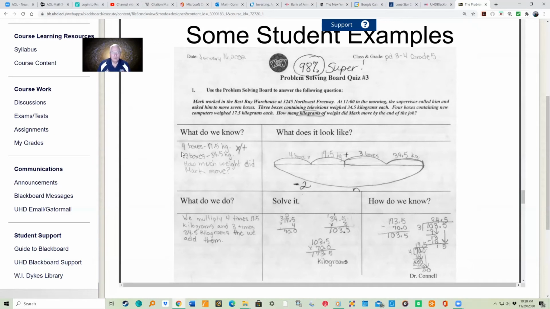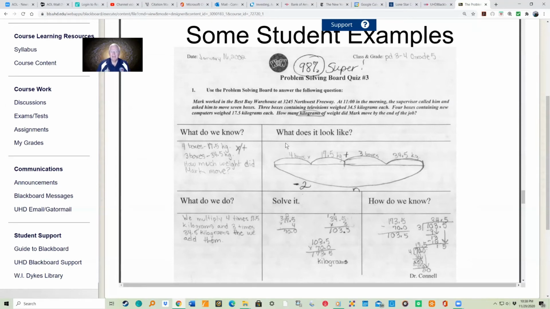What is it we know? In this case, you've got 4 boxes at 17.5 kilograms. You're going to have to multiply. You've got 3 boxes at 34.5 kilograms. Again, you're going to have to multiply. In order to find out how much weight Mark moved, you're going to have to add those together.